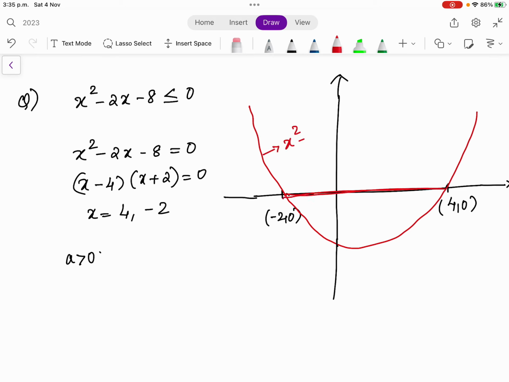So x² − 2x − 8 > 0 is the top portion, and x² − 2x − 8 < 0 is the bottom portion. So now the solution will be −2 ≤ x ≤ 4. This is how we find the value.